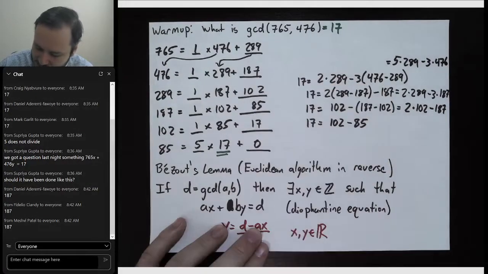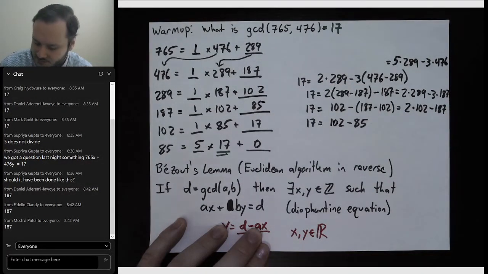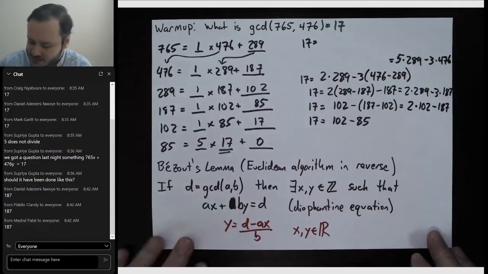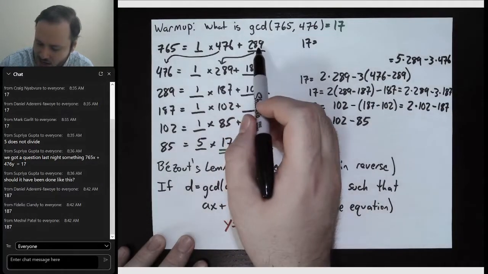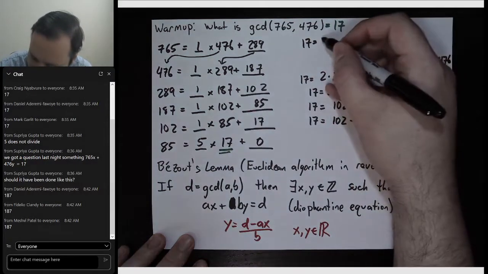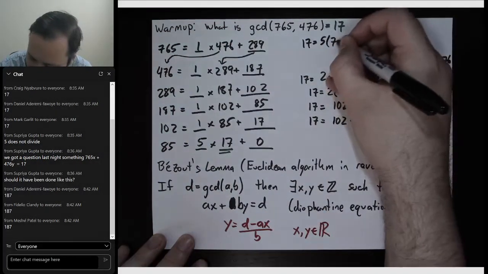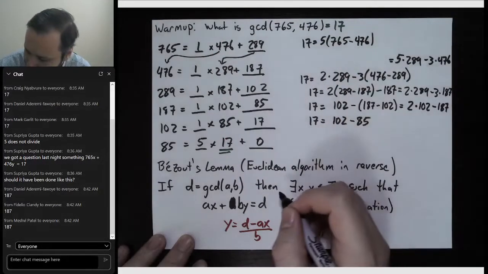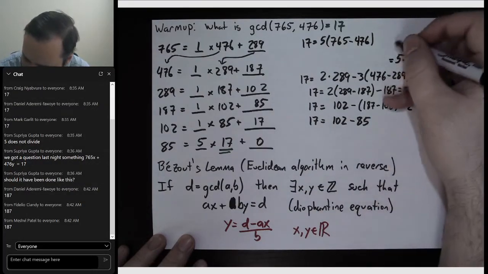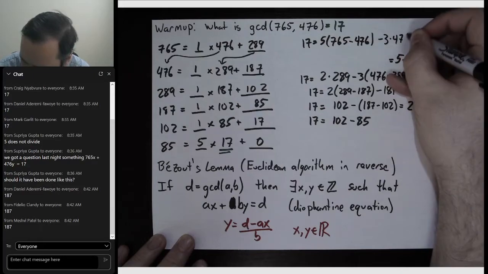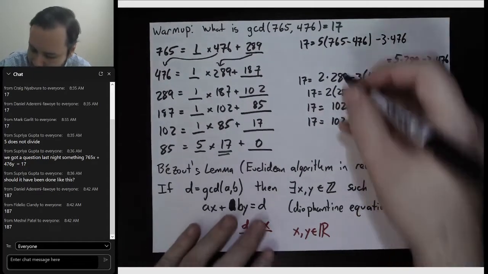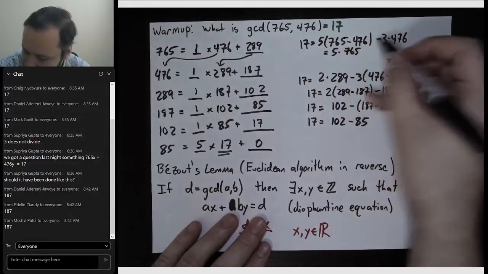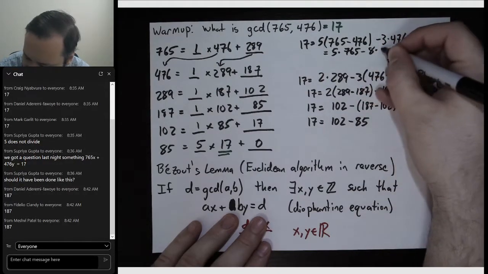We're getting close. 476, one of the numbers I want. So my very last line, 17 equals. Now I'm replacing this 289. I get 5 times 765 minus 476, minus 3 more copies of 476, gives me 5 times 765 minus 8 times 476, since 5 plus 3 is 8.